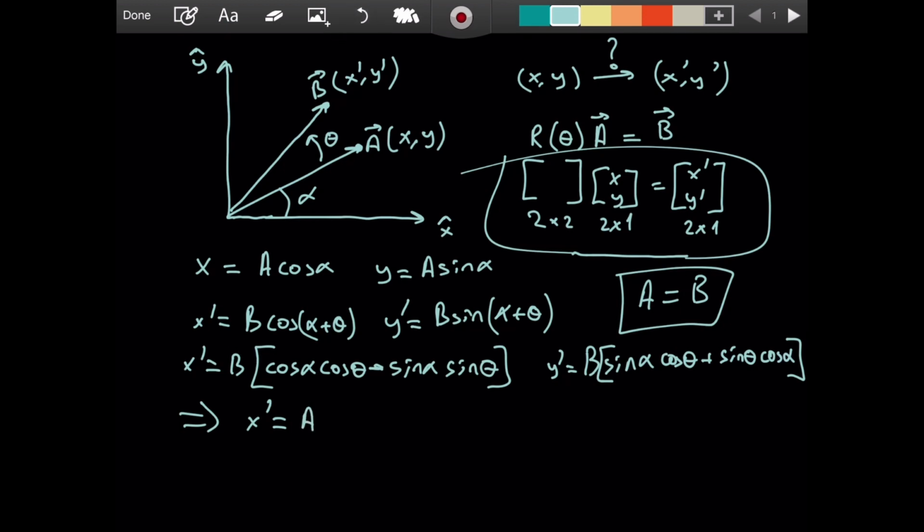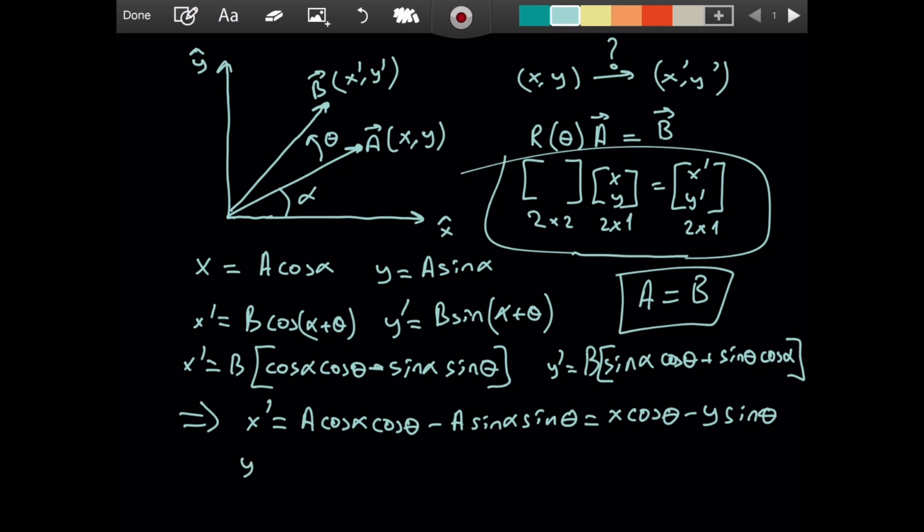It is a cosine of alpha cosine of theta minus a sine of alpha sine of theta. What is this part? A cosine of alpha. That's x. Let's write that. X cosine of theta. What is this part? That is y. So let's write that. Y sine of theta. Cool.